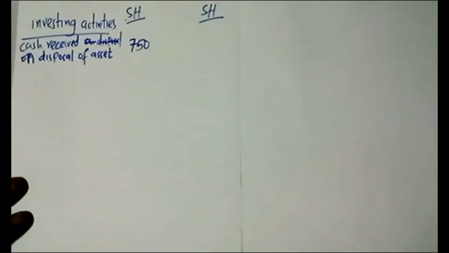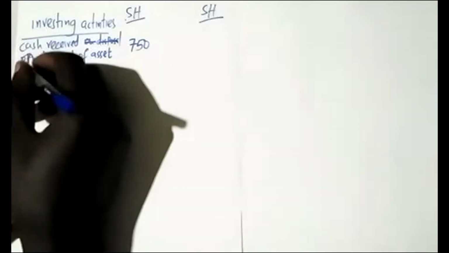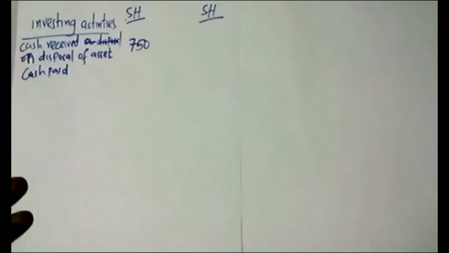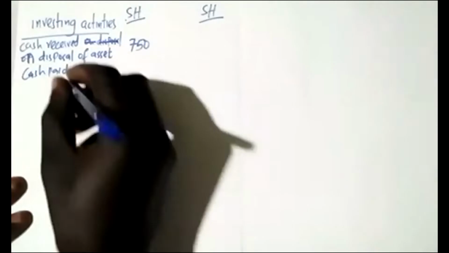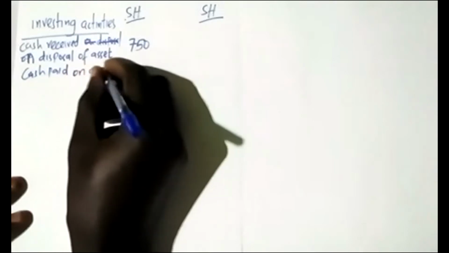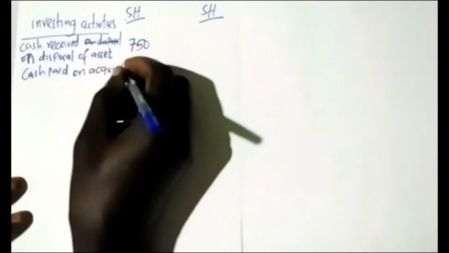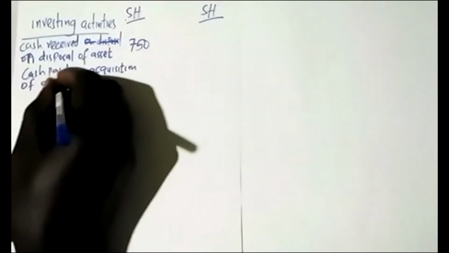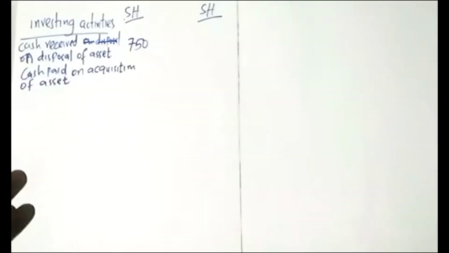Then the next thing we talk about is cash paid. Because there was no other asset disposed other than the subsidiary, that one I will record later. So now we talk about cash paid on acquisition of asset.